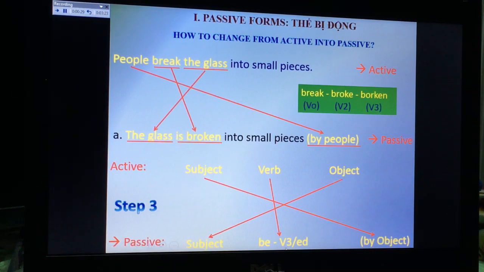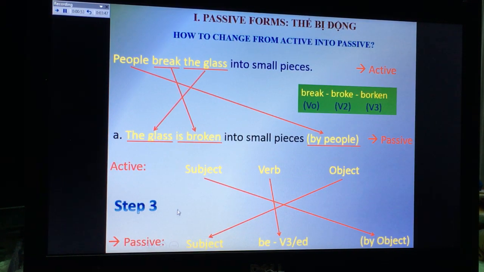If we don't have V3, we can use V-ed. So in step 3, we change the verb in the active sentence into be and V3 or ED. So those are the 3 steps of changing an active sentence into a passive sentence.